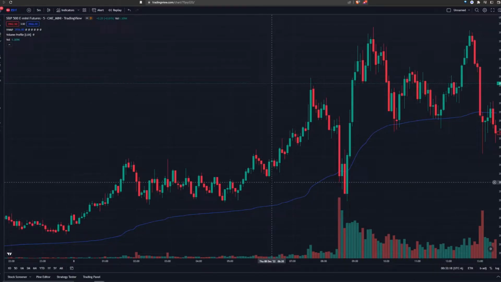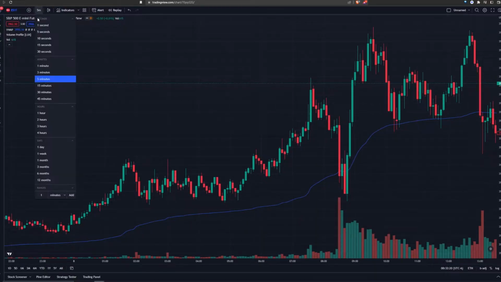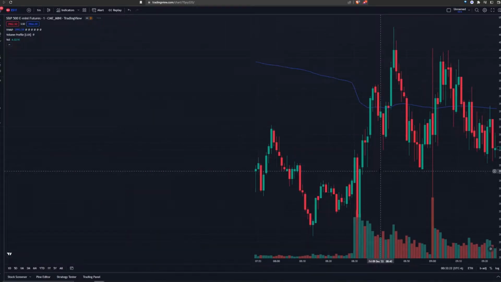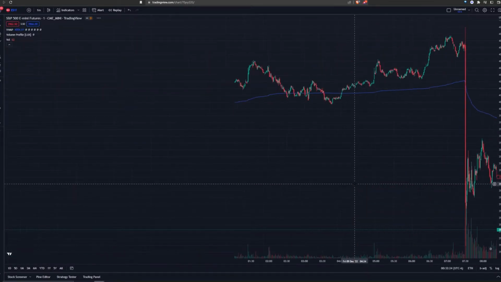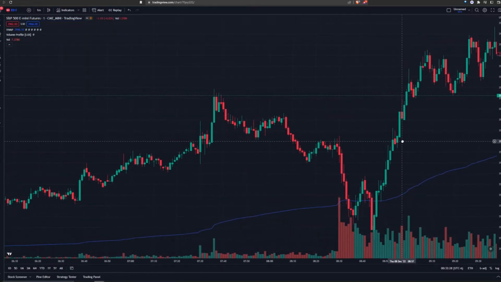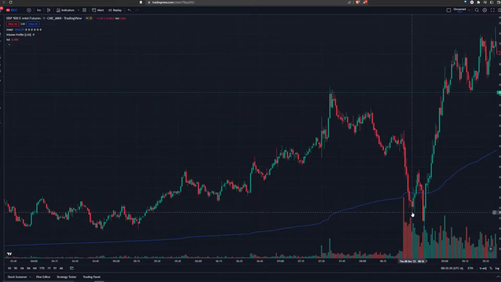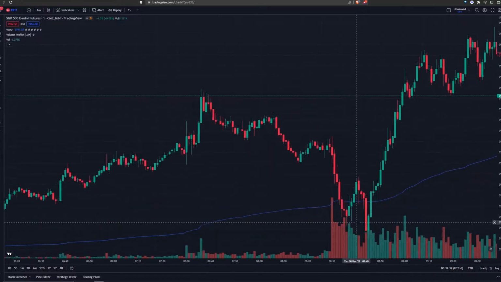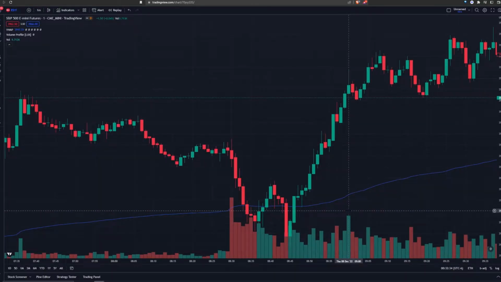So, okay, let's see, 1 minute. We trade big here. Oh, this is interesting. I have not looked at the market for a while now. So we went down, pushed back up, and then dropped down one more time to basically a stop run.